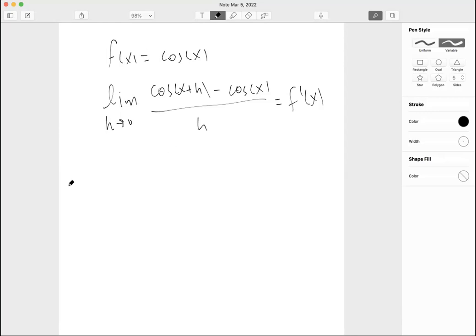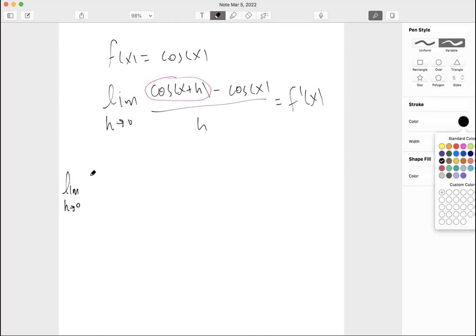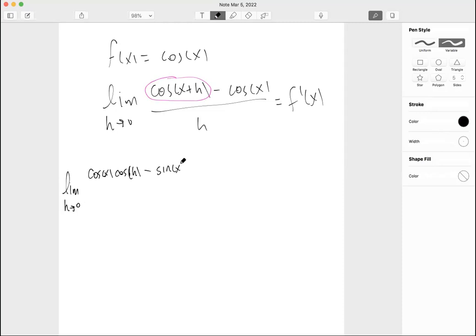First, what we did was use the sum formula on cosine, right? That's cosine x cosine h minus sine of x sine of h. And then we have minus cosine of x all over h.